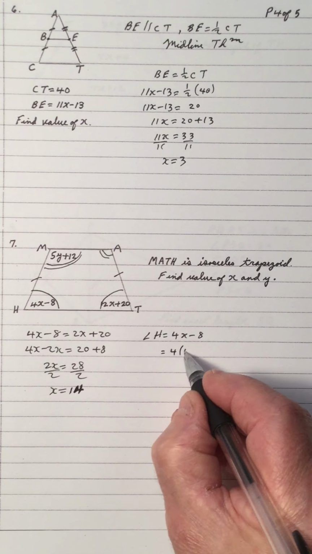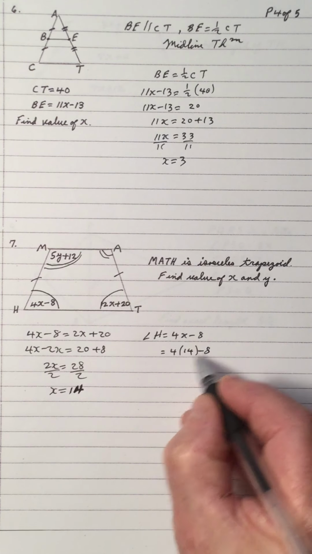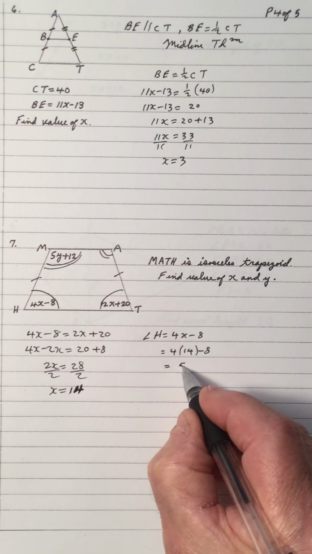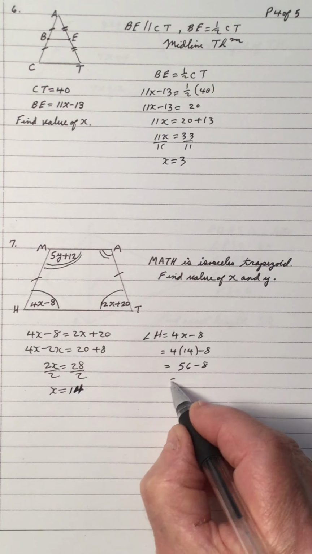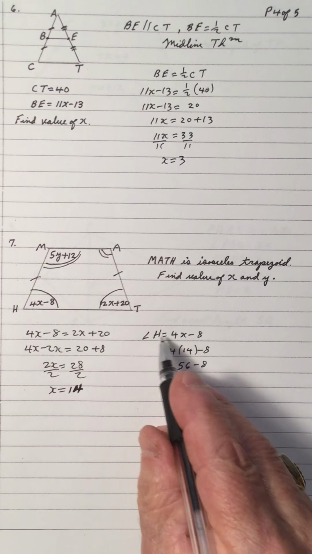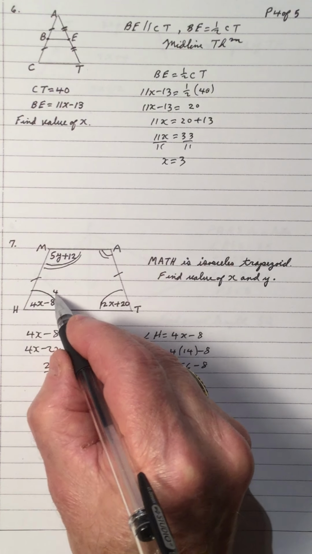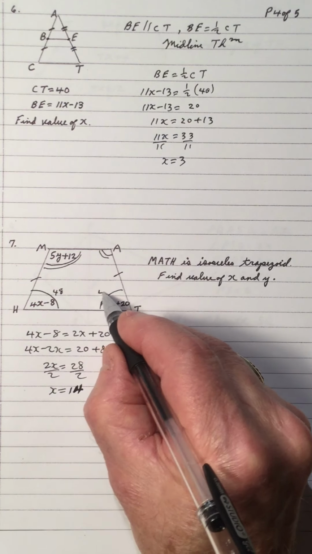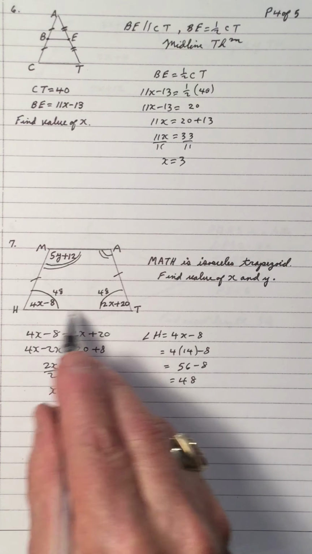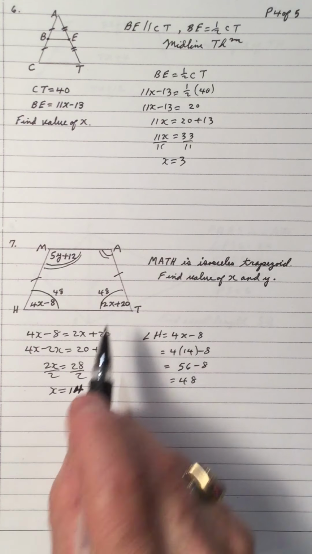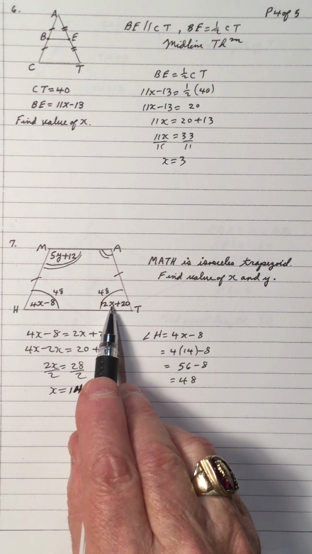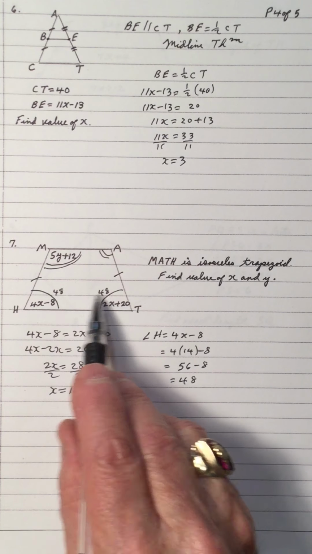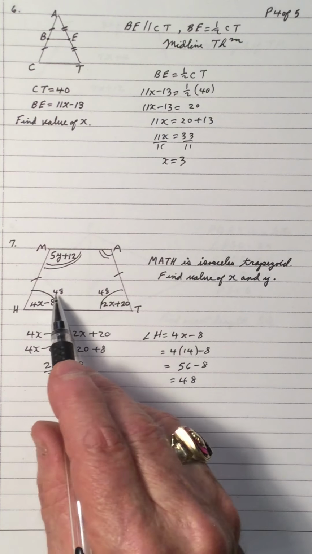X is 14, sub it in. That gives me 56 minus 8. So angle H is 48, so that's 48 degrees there. And this angle is also 48. You can plug it in if you want and check: 2 times 14 is 28, 28 and 20 is 48, yes, we know they're equal. So they're both 48.